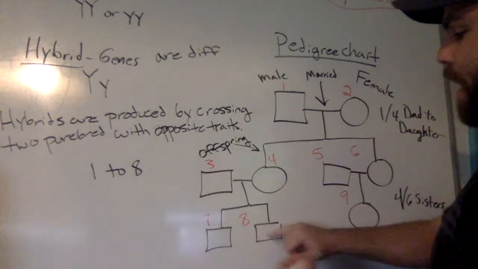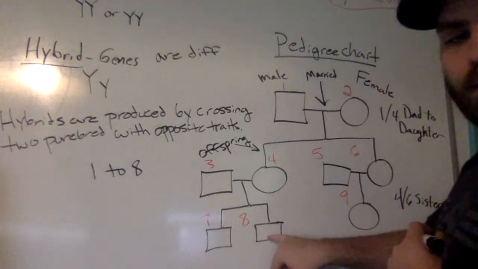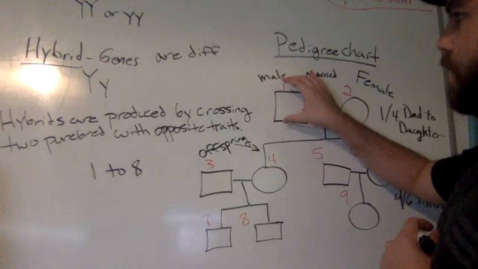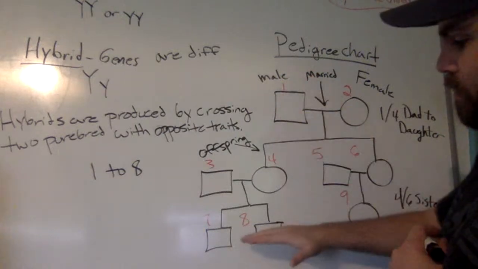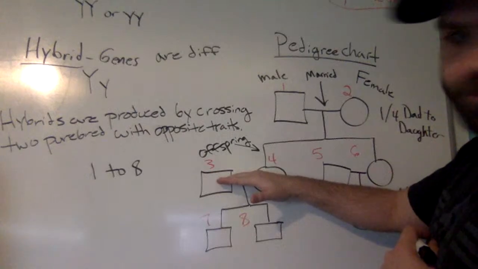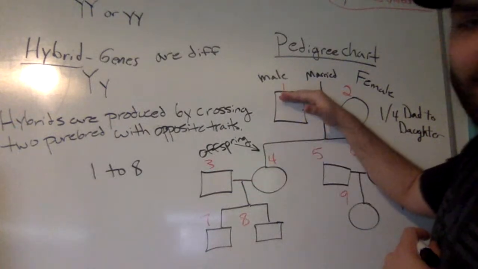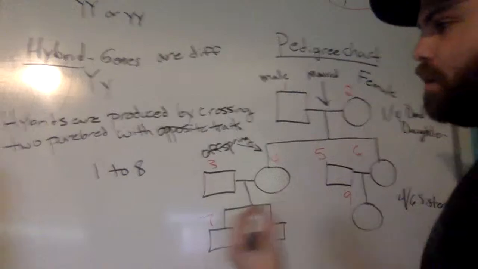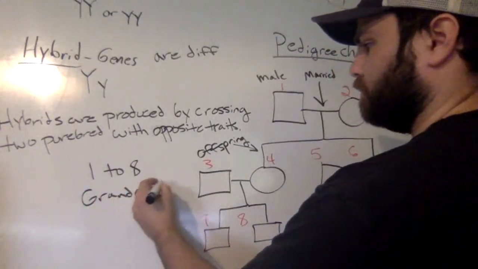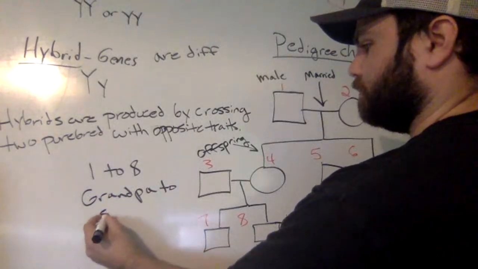So right now we know that this is male, okay? So we got a male, and then we got a male all the way up here. So we go to male, right? Now these are his parents. We go up again. These are his parents' parents. So it's going to be grandpa to grandson.